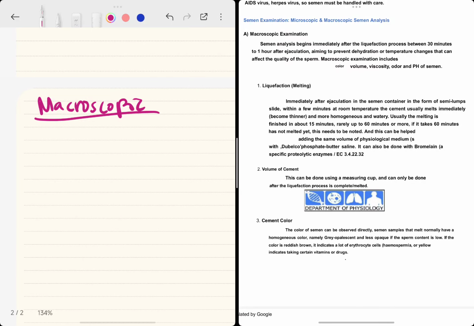Macroscopic. The first one is liquefaction.